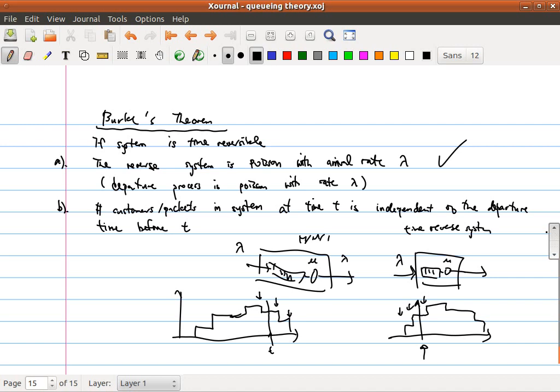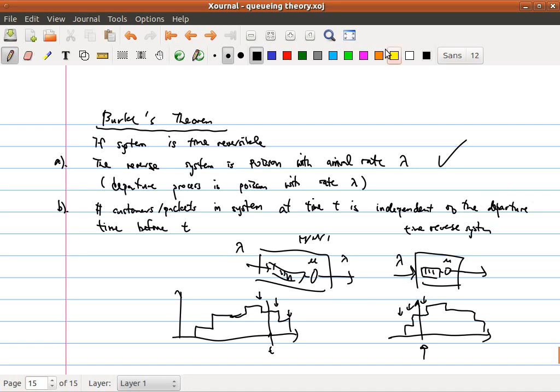But from the point of view of a time reversible system, it's very easy to show, because if we consider the time reverse system, that's basically just flipping everything, arrival into departure and before becomes after, our statement here for the reversible system will just translate to: the number of packets in the system at time t is independent of the arrival times after t. Now departures become arrivals after t.